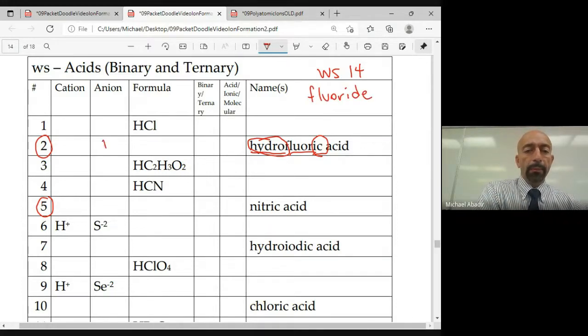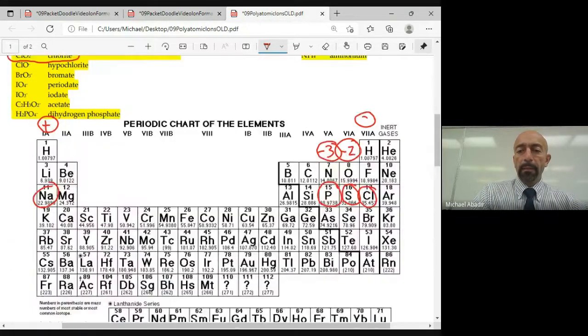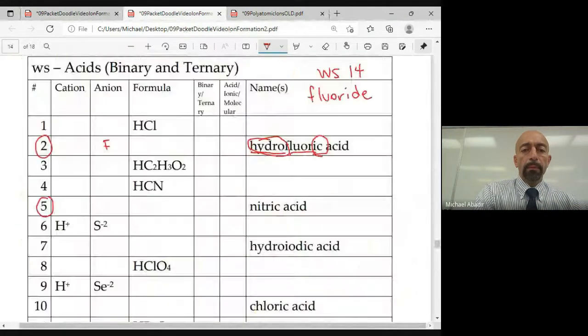It's just plain old F. And that on the periodic table, you can tell has a -1 charge. So it's going to be F minus, and it's always going to go with H plus. So if you put them together, it has to be just HF. They match up. This is binary because there are 2 elements. And remember, ternary means you have 3 elements. This whole entire worksheet is acids. So this whole column is going to say acid. And that's going to be number 2.